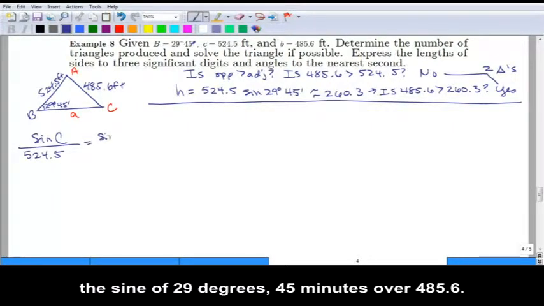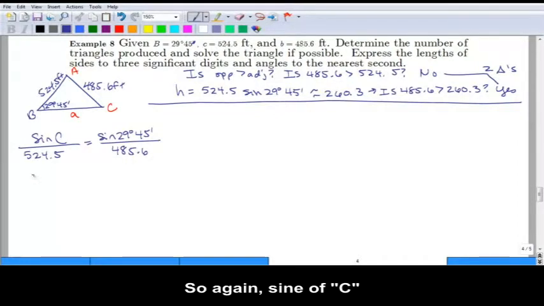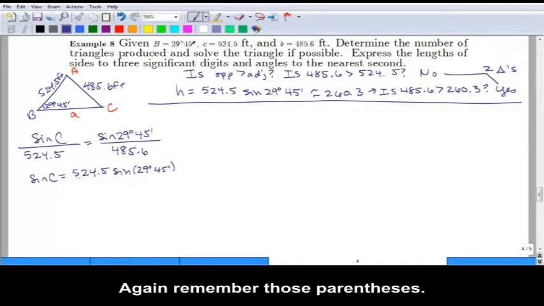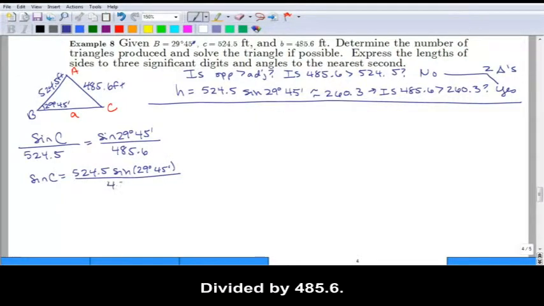We've got the sine of 29 degrees, 45 minutes, over 485.6. So again, sine of C is going to be 524.5 times the sine of 29 degrees, 45 minutes. Again, remember those parentheses, divided by 485.6.